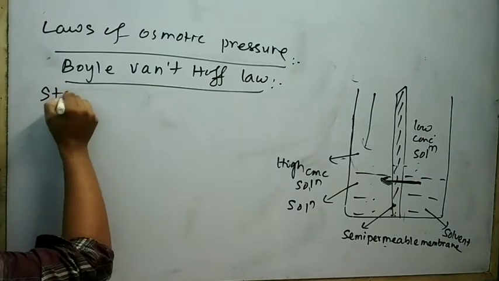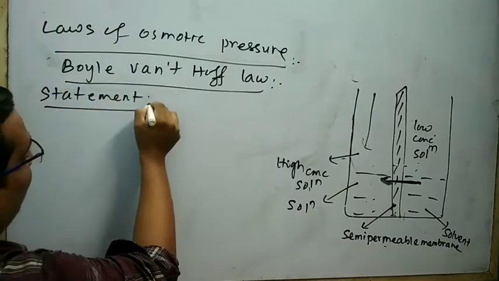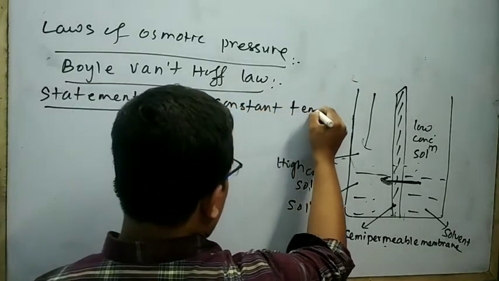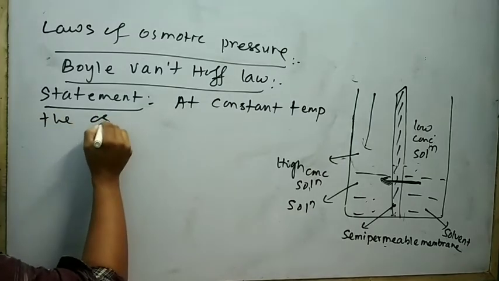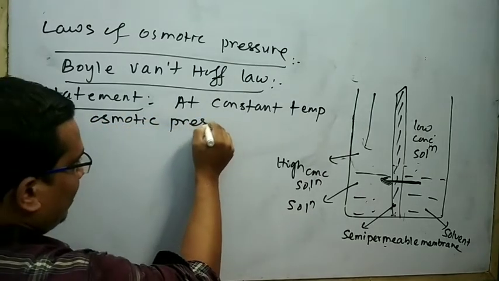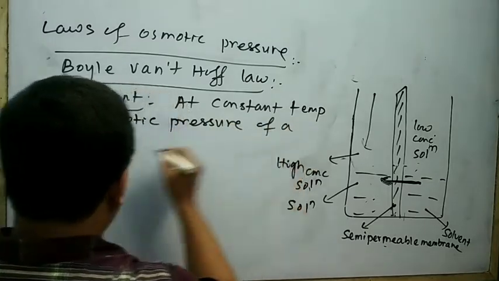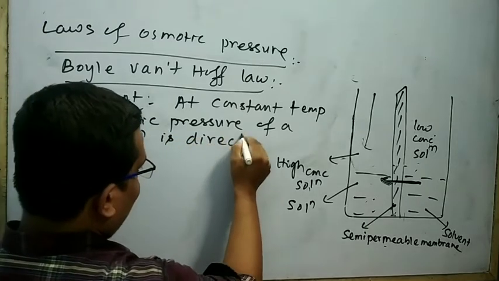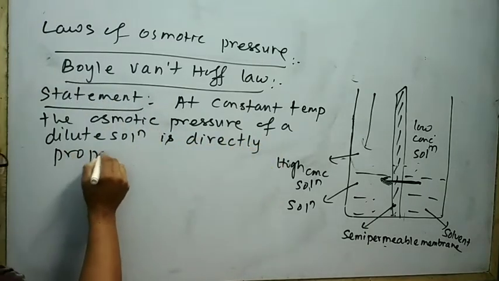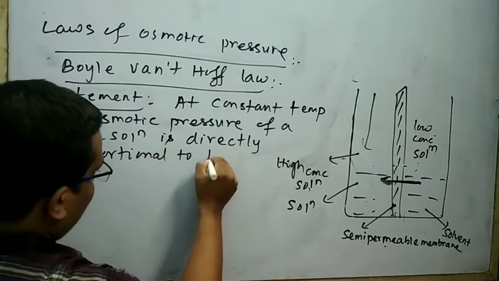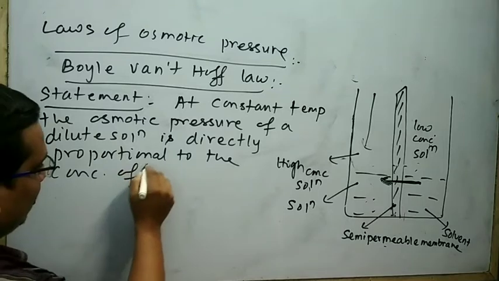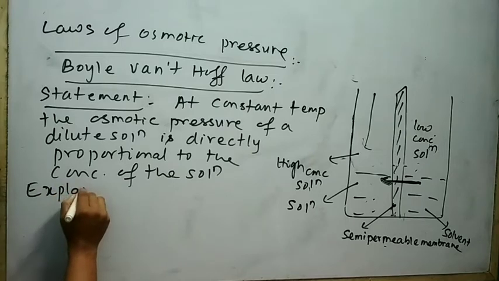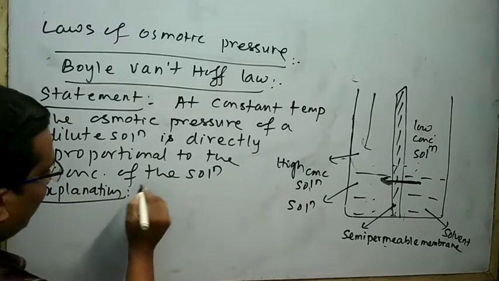So I can write the statement of Boyle-Van't Hoff law: at constant temperature, the osmotic pressure of a dilute solution is directly proportional to the concentration of the solution.